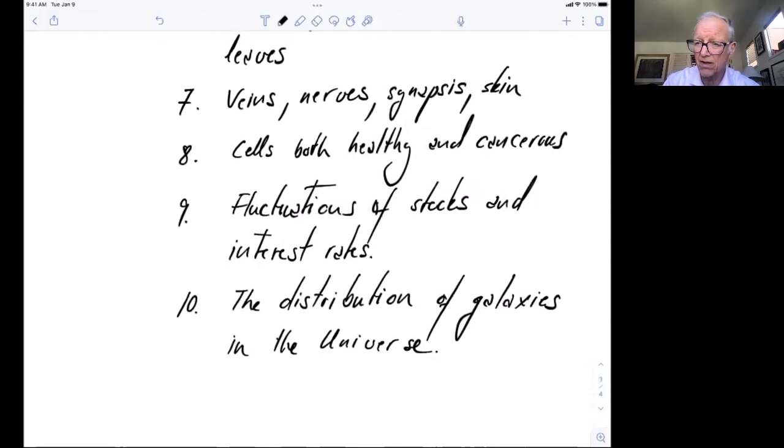So in general, what is happening is that there is noise, there are instabilities, the noise gets colored, and it forms a fractal.